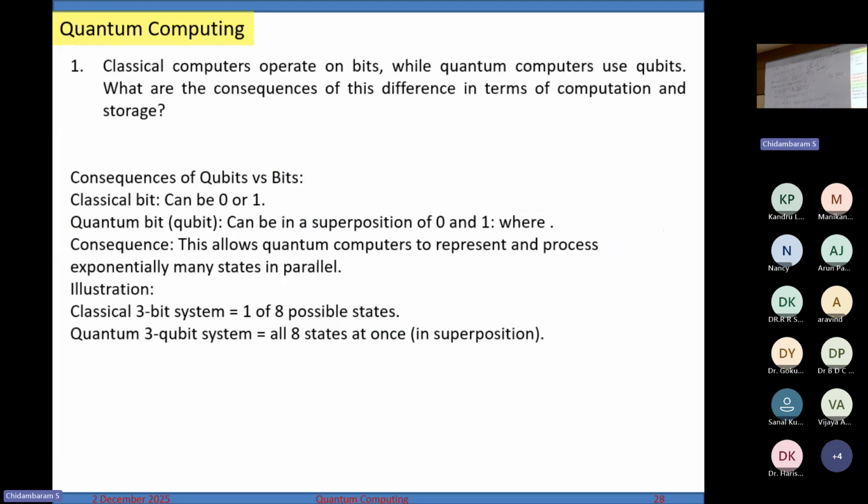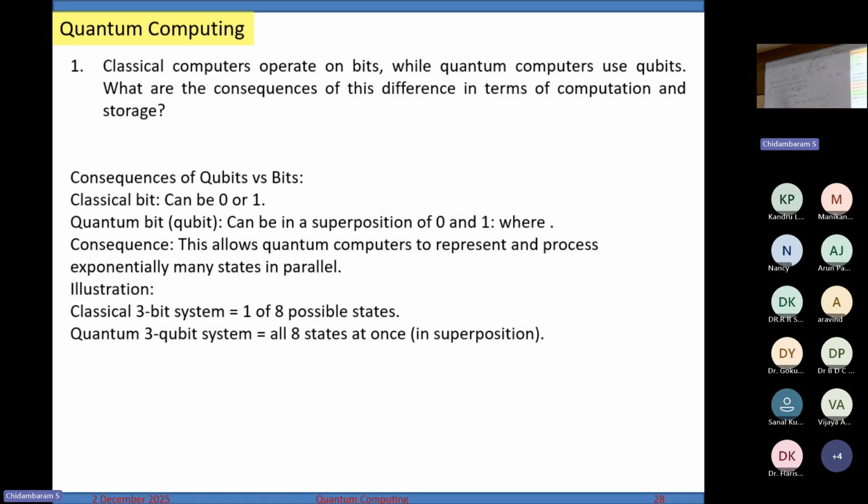Another thing, some of the questions that students typically ask, because we handled the class. Classical computers operate on bits, quantum computers operate on qubits. What are the consequences in terms of computation and storage? If you see, classical is 0 or 1, quantum is a superposition.